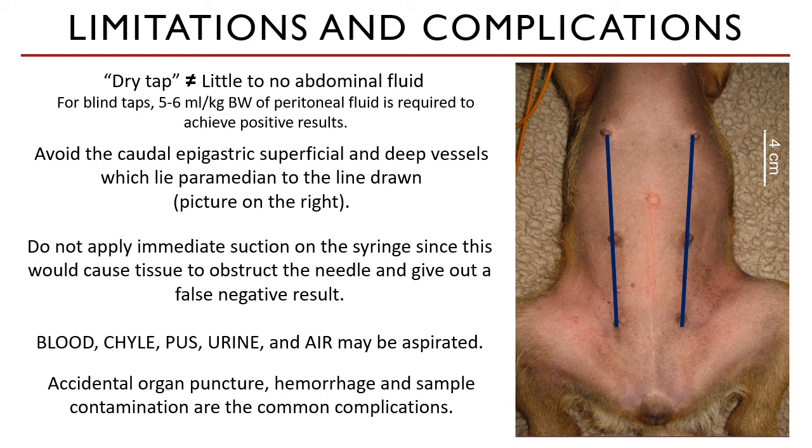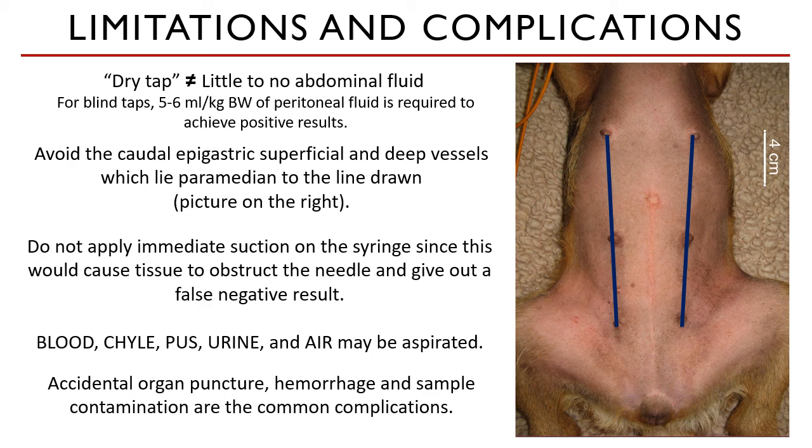But there's this one thing. If you aspirate blood from the inside of the abdomen, how do you know if it is from an active bleeding inside or you accidentally punctured the spleen or a vessel? How do you know which is which? Any guesses?